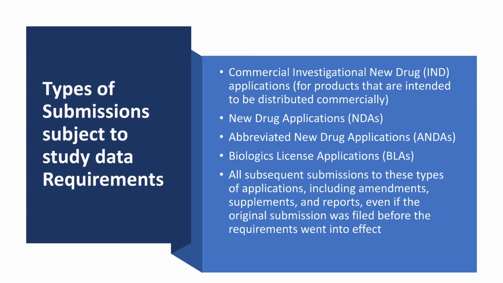Once you have received the IND for the new molecule, you can go ahead with the clinical studies. And once you obtain the desired results, then you go for the NDA submission. We can also go ahead with abbreviated new drug applications, known as ANDA submissions, or biologics license applications, BLAs. For all these submissions, and after their amendments, supplements or other reports, the deficiencies observed in the eCTDs are followed up and further documents are submitted as and when desired by the regulatory agencies.